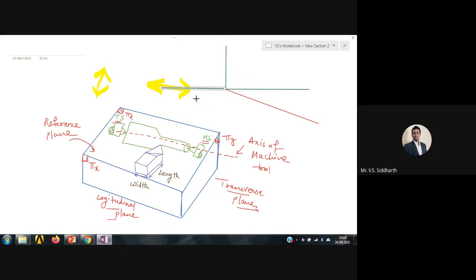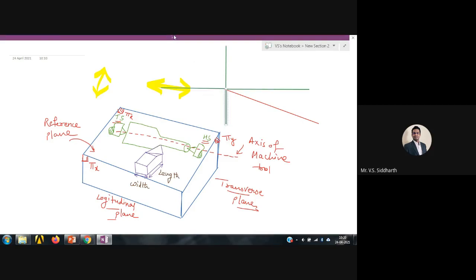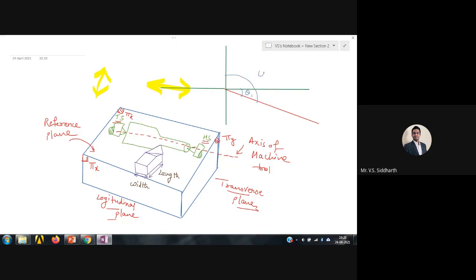The angle here will be theta 1, here theta 2, here theta 3, and here theta 4. So whenever you are given a line, you should never straight away comment that that is the angle, because with respect to which line you are measuring the angle makes the entire difference.